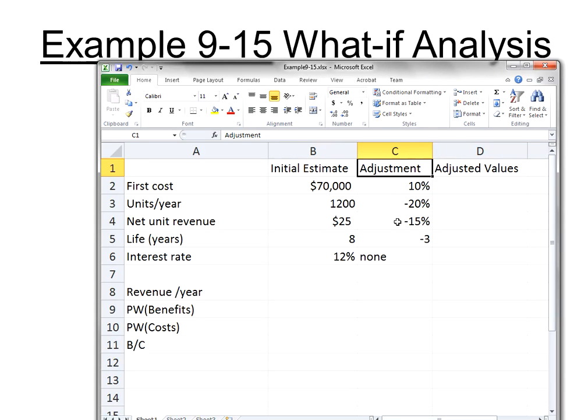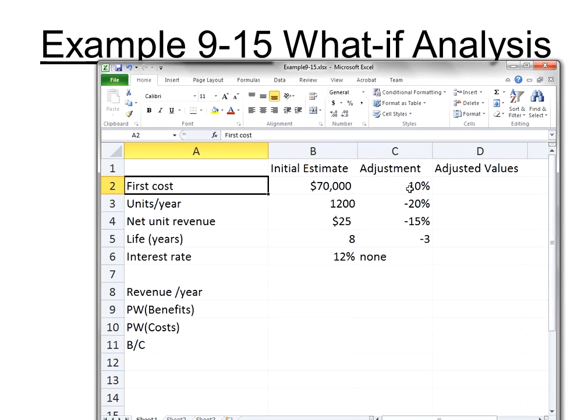Like I said, in terms of the cost, we usually tend to underestimate the cost. So we're going to say, well, it's very likely that we underestimated the cost, and the typical percentage that costs are underestimated by is 10%.